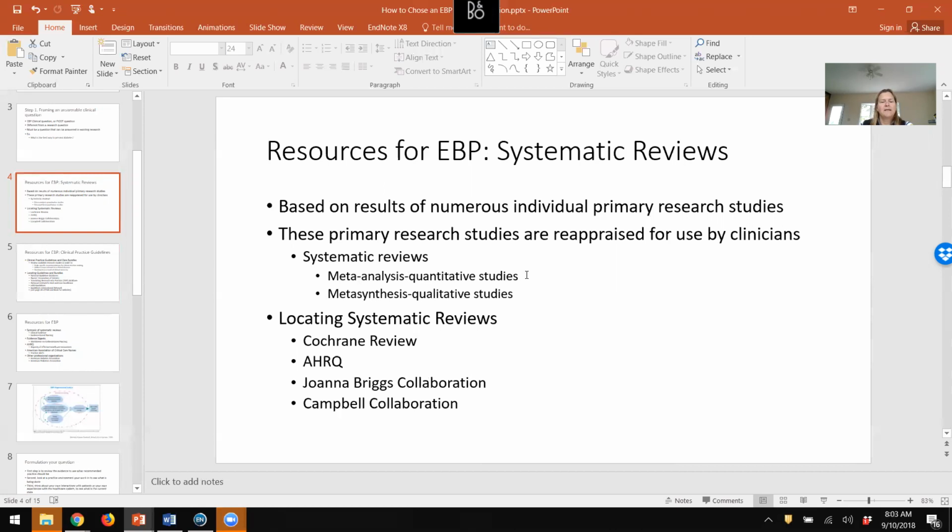And then if they look at a qualitative question, they will compare a bunch of systematic reviews done on a qualitative topic, and that is called a meta-analysis. So systematic reviews can be found in Cochrane reviews, AHRQ, Joanna Briggs collaboration, and the Campbell collaboration.